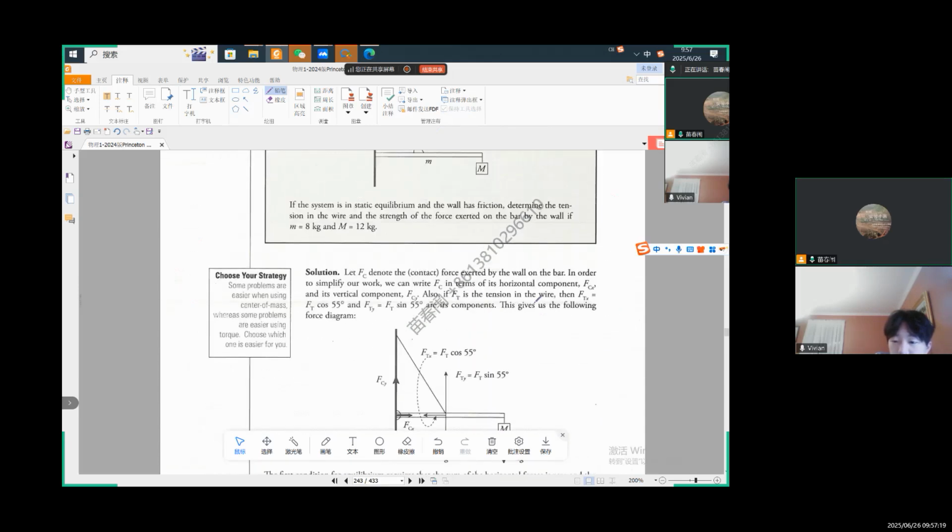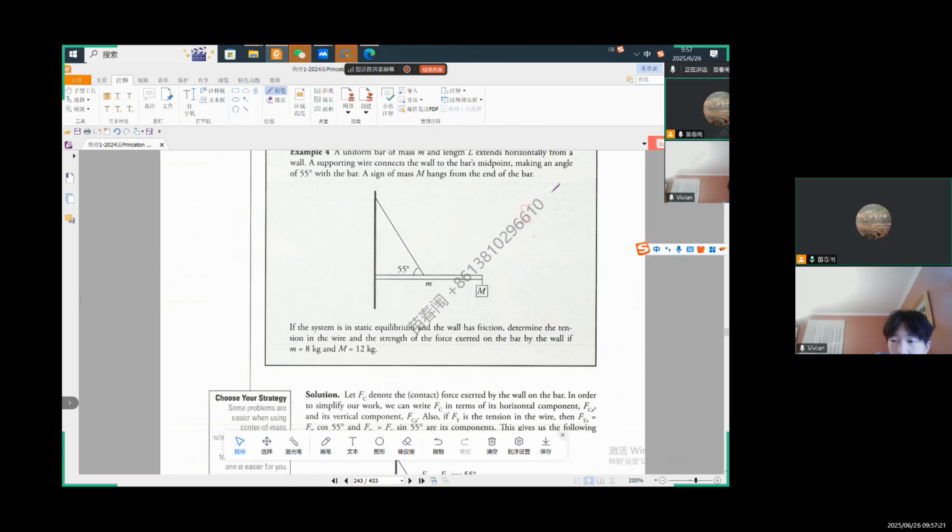Just remember sigma F. What do you want to remember about this question? Sigma F equals 0, and sigma torque equals 0. That includes sigma Fx being 0 and sigma Fy being 0, and likewise sigma torque x being 0 or sigma torque y being 0.